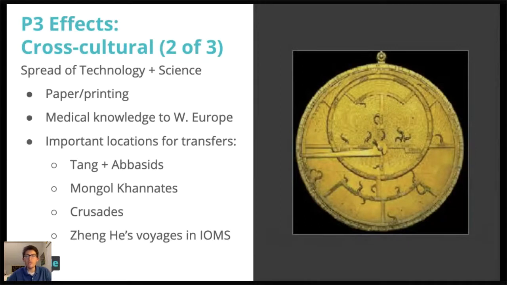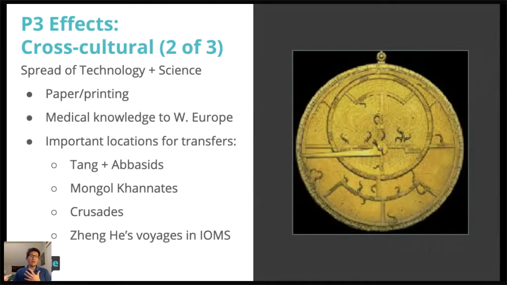Medical knowledge from Greece and the Middle East spreading to Western Europe following the Crusades. And there are a lot of important locations for these transfers. For example, the Tang dynasty and the Abbasids, after fighting at the Battle of Talas, begin important cross-cultural exchanges where they will both learn mathematics and science from each other.